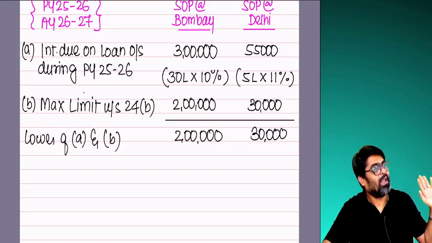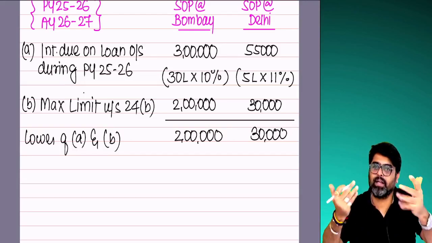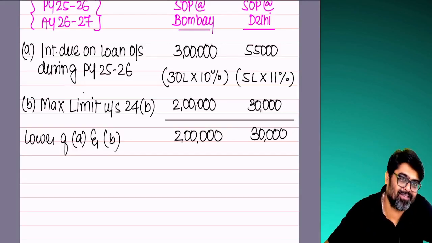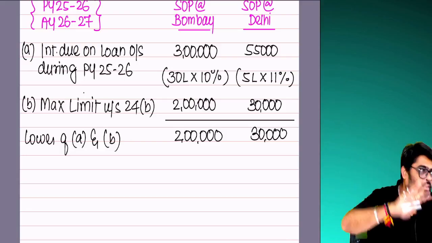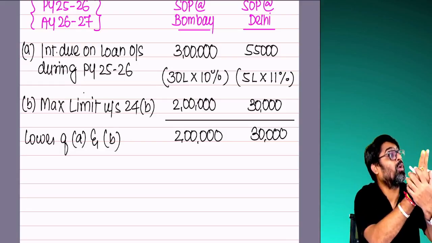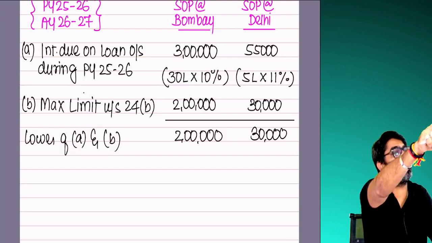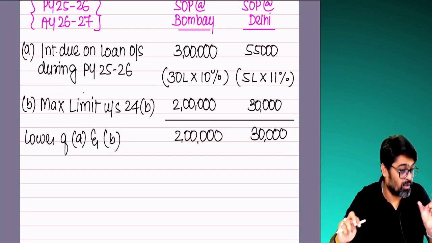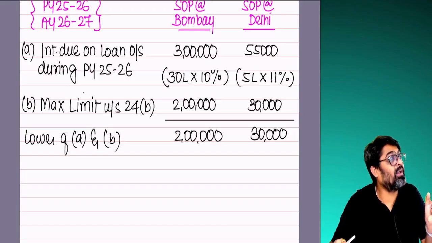Even for one SOP the assessee will get 2 lakh, or even for 2 SOPs taken together he cannot claim more than 2 lakh, because the deduction for that interest is not given to the property, it is given to the assessee.